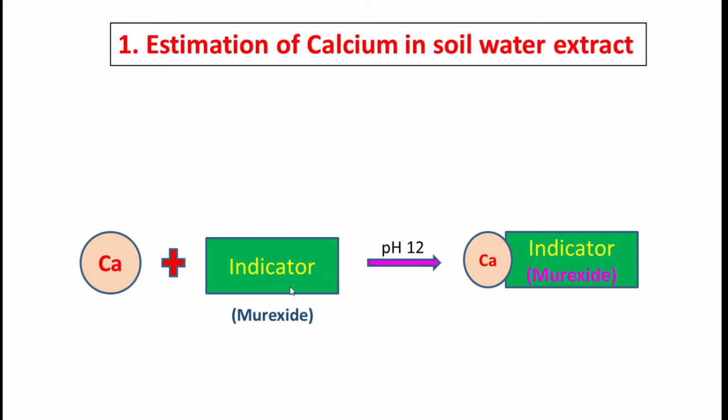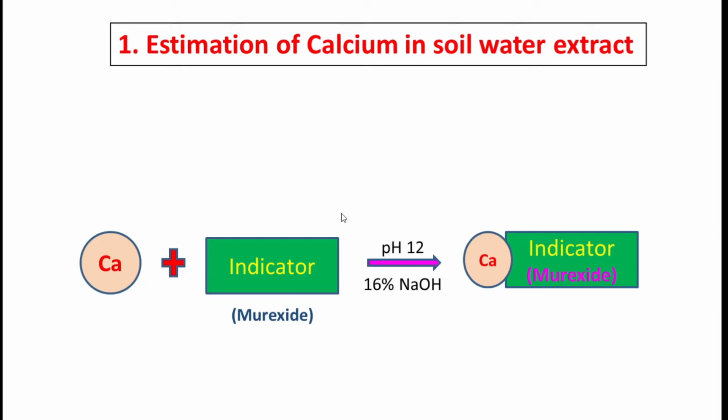When it is made to react with the indicator at pH 12, which is made possible by addition of 16% sodium hydroxide, calcium alone binds with the indicator to form a metal indicator complex. You may be wondering what happened to the magnesium. At such high pH level, magnesium is precipitated as magnesium hydroxide and it does not participate in the reaction.